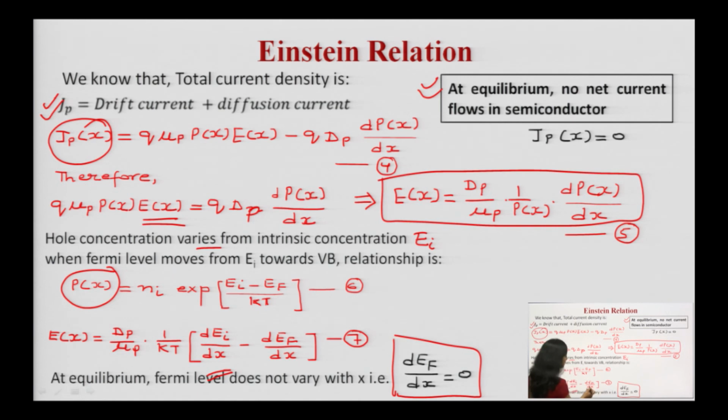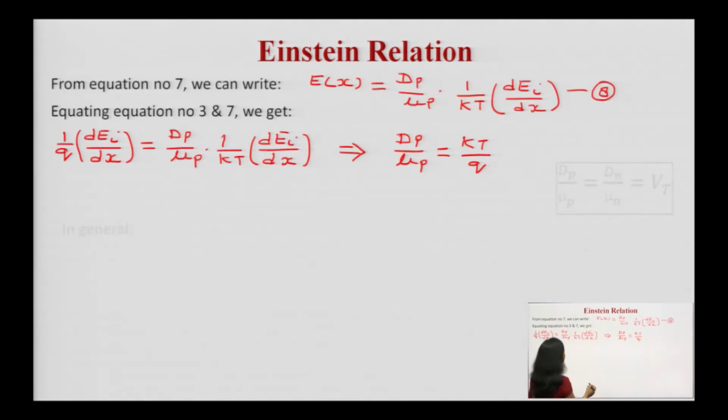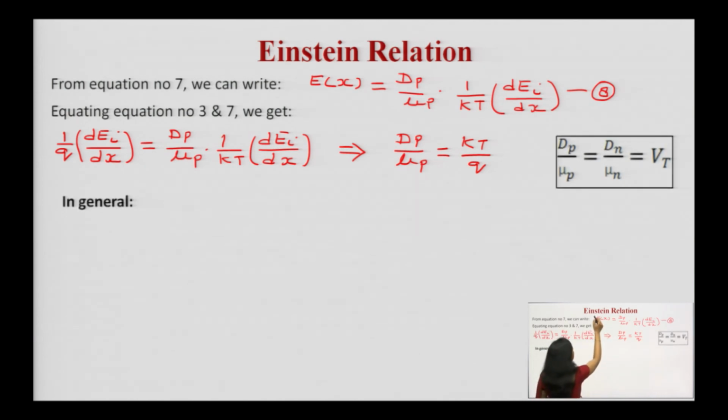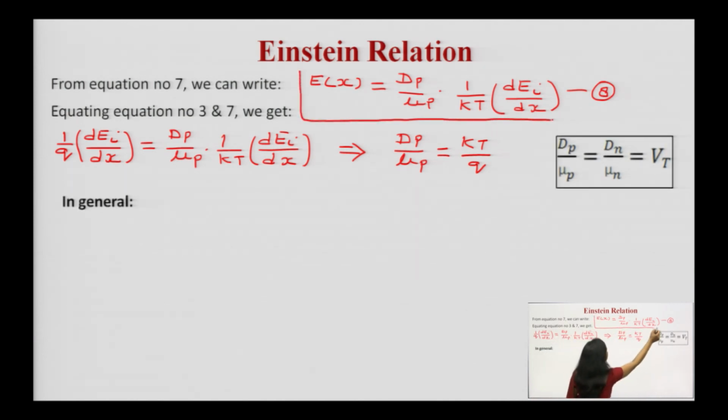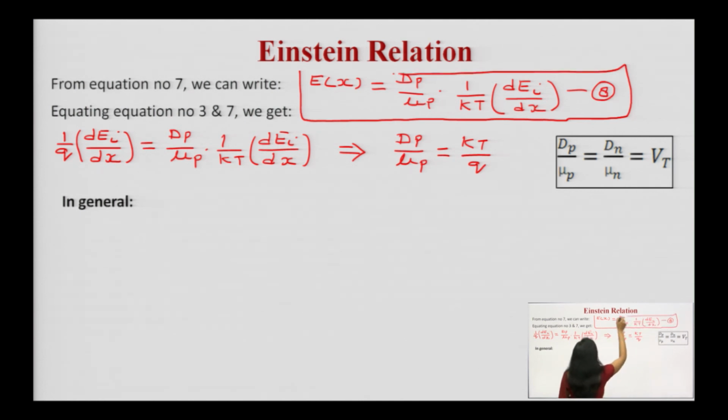Now you can substitute this term equal to 0 in the equation number 7. So you are getting Ex is what? dp upon mu p into 1 upon kT dEI upon dx, because we have substituted d of EF upon dx as 0. From here, just you are rearranging the term, you will be getting 1 upon q.